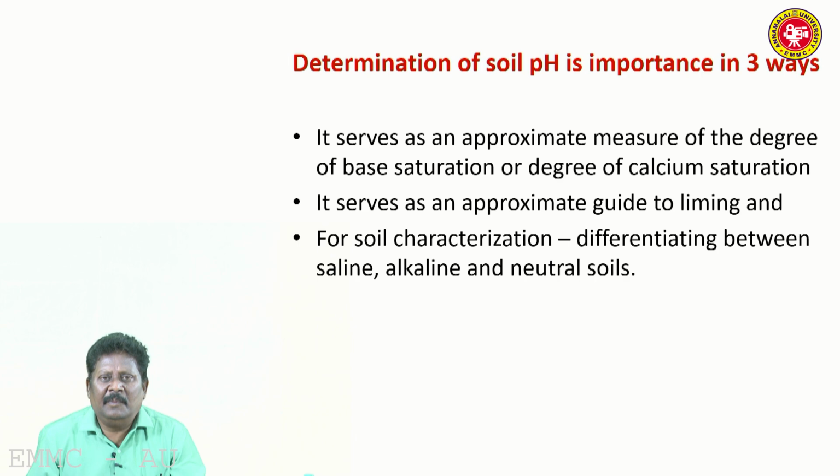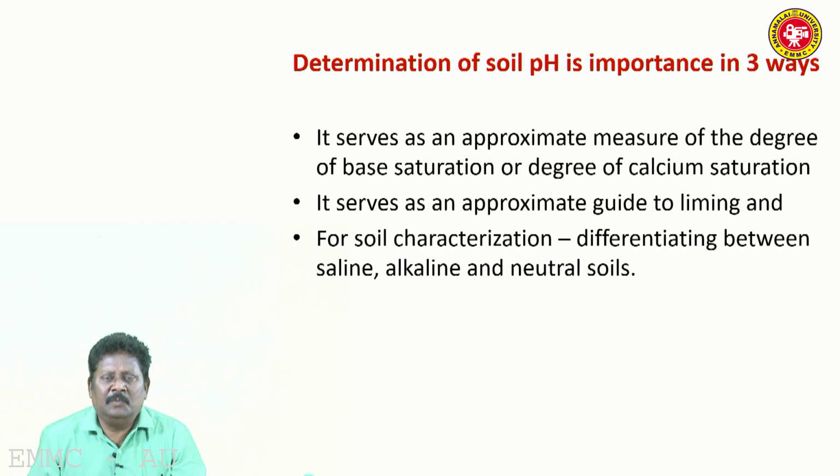When they dominate the soil, then the pH of the soil will be above 7. When the acidic ions, hydrogen and aluminum, predominate in the soil, then the soil becomes acidic, and pH will be less than 7. So, bases are very important, for they are also nutrients: calcium, magnesium, potassium.